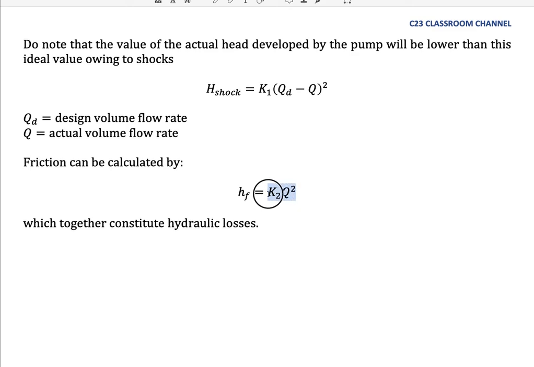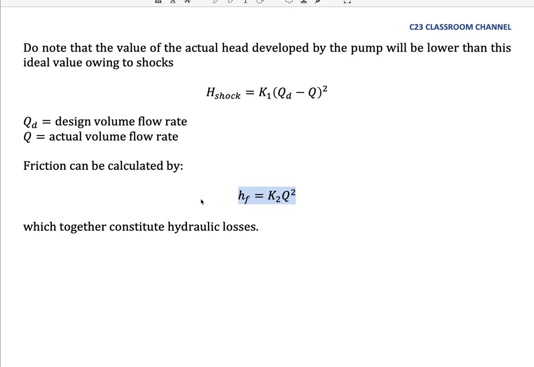In Fluid Mechanics 1 and Fluid Mechanics 2, we focus on the formula F L over D V square over 2G, but in the optional subject in hydraulic machine and pipe system, we will learn how to calculate the losses by using K2Q square here.